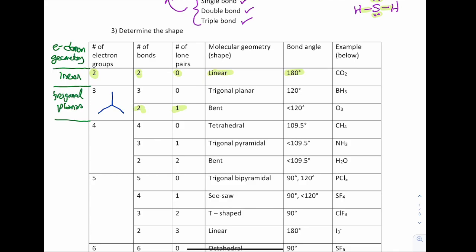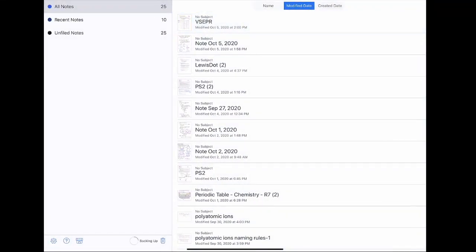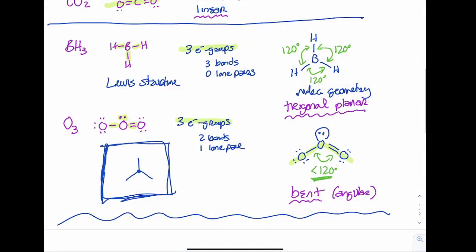I guess we should make that heading in black so it's not so confusing. Okay, so 4 electron groups are on to our next box here, and I'm going to go back and we'll work out our examples.